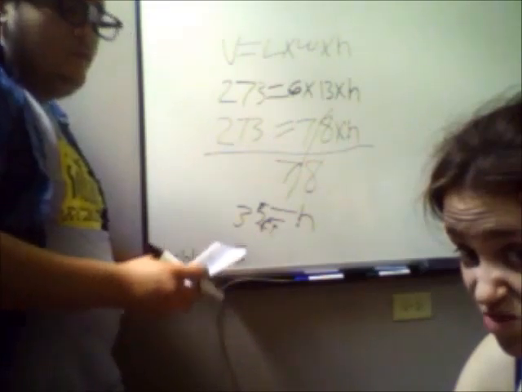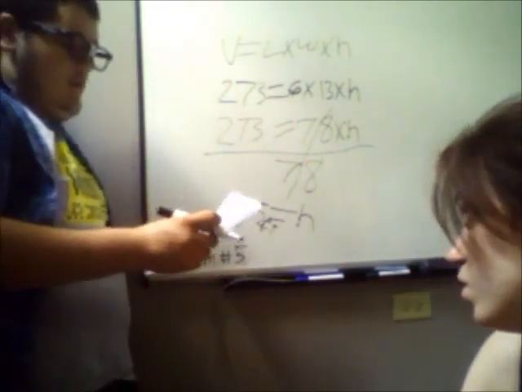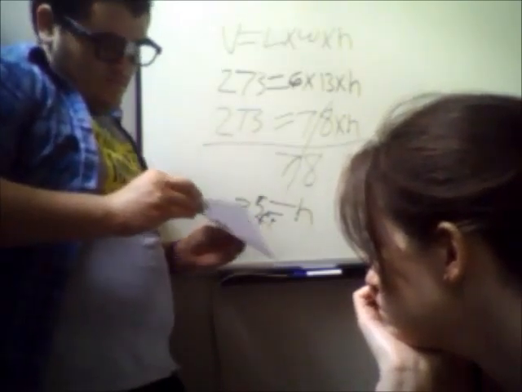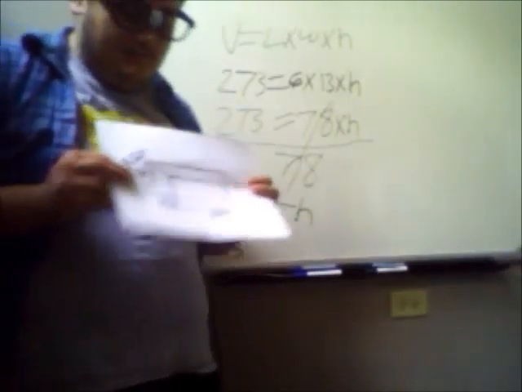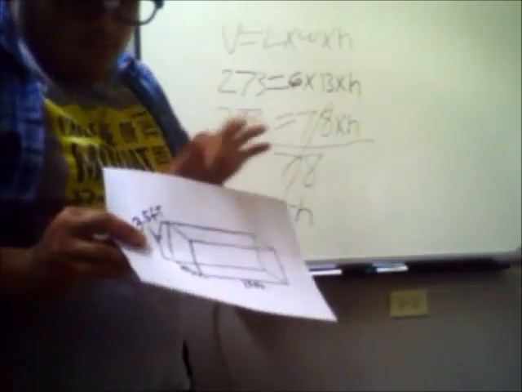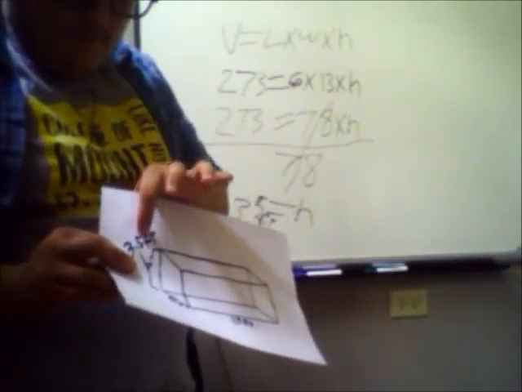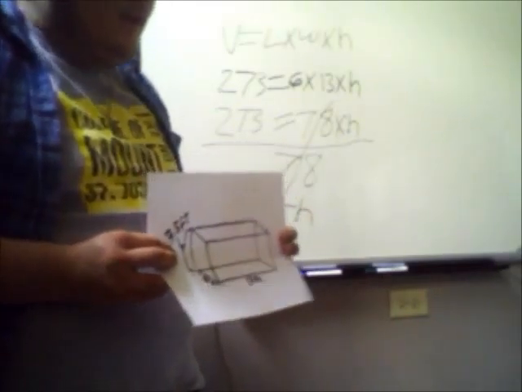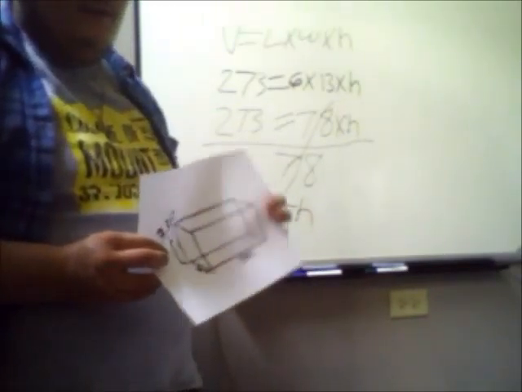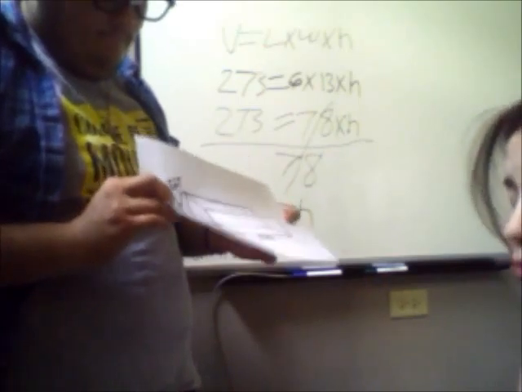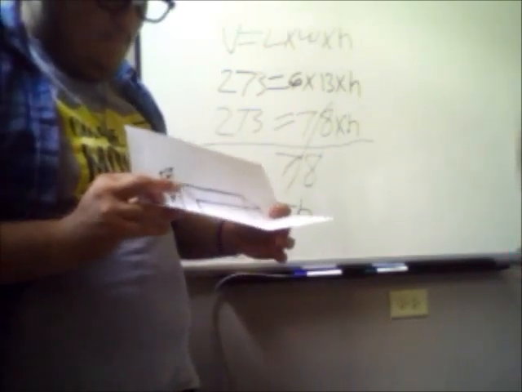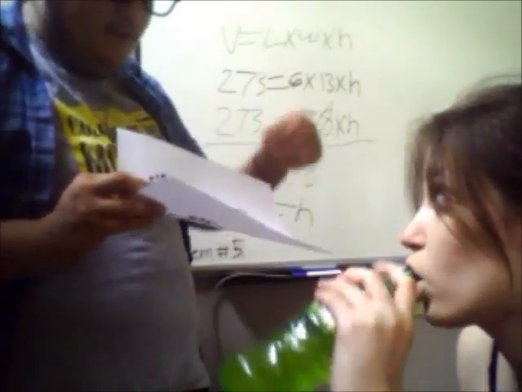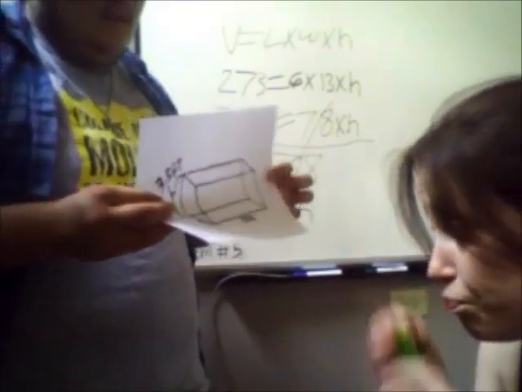Now, we need to find the surface area of the figure. The new height is 3.5 feet. Do we know how to find the surface area? I don't remember, teacher. We find the measurements of each face of the figure.